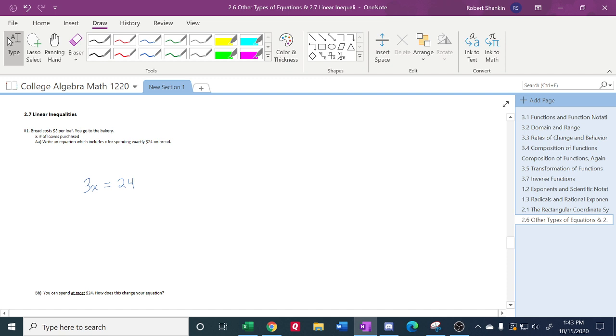All right, let me go to group 5, since you're on a roll. How does that change the equation? We have 3x is less than or equal to 24. That would be it.